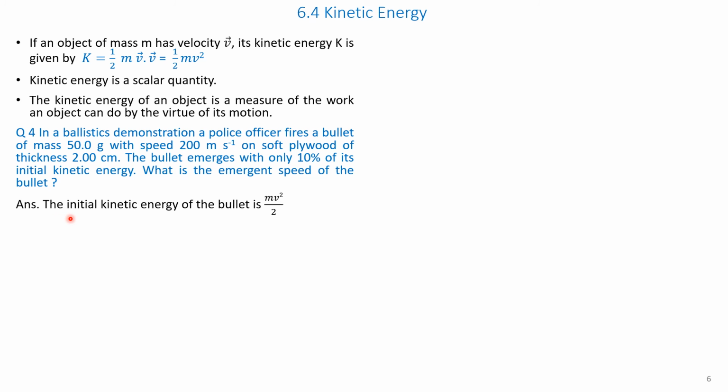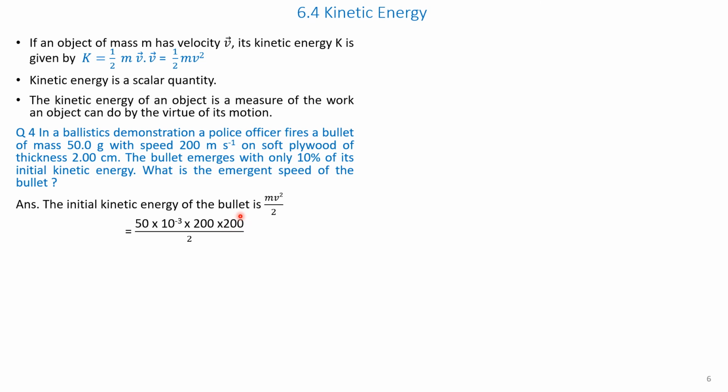Answer. We know that the kinetic energy of a bullet is given by half mv square, that is mv square by 2. So, we know m as 50 grams, it is given. v is given as 200 meters per second, divided by 2. Now, this mass m, 50 grams, is to be converted into kg.